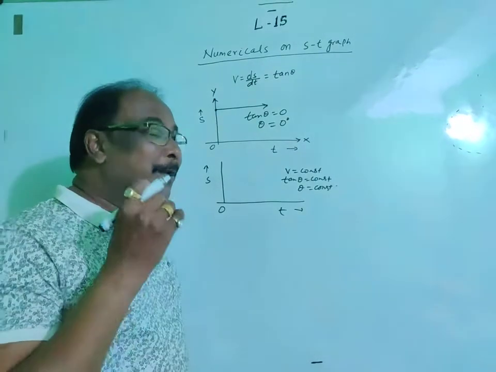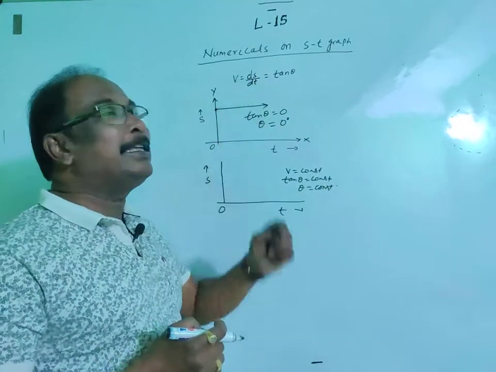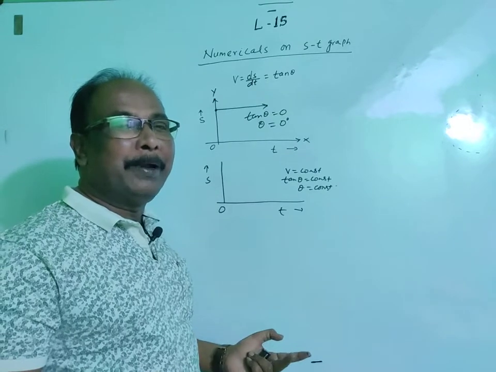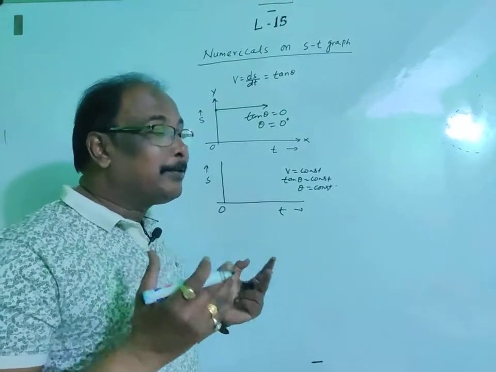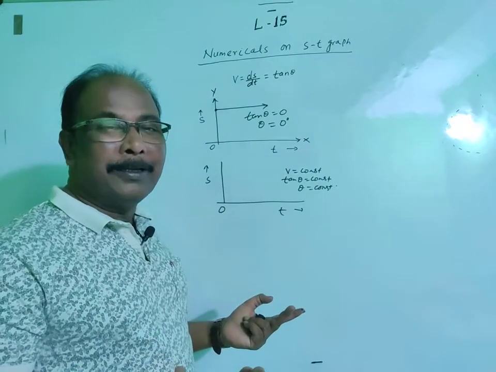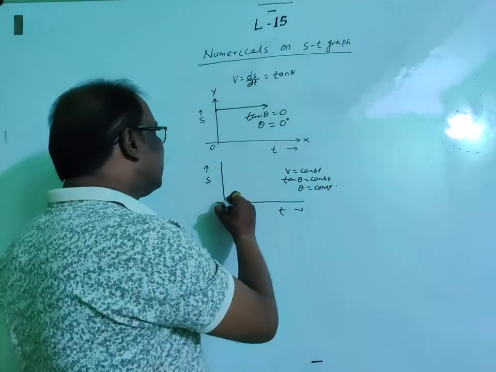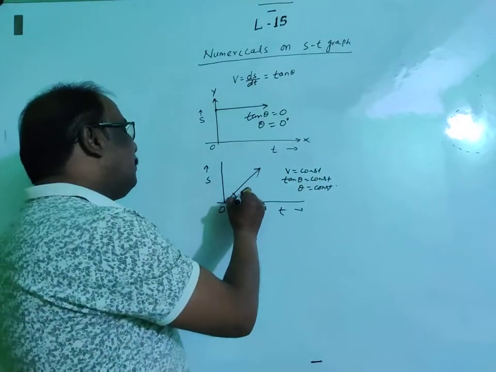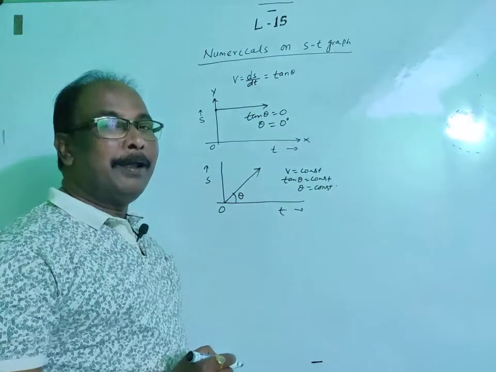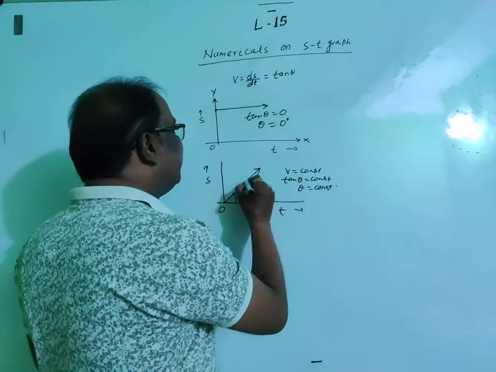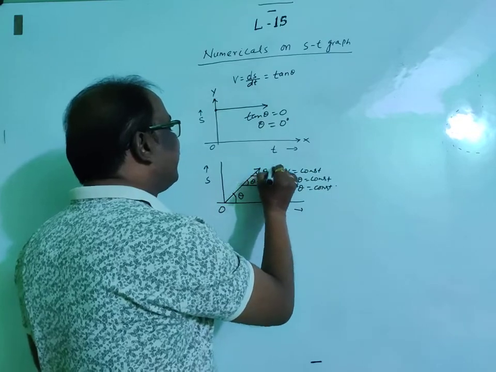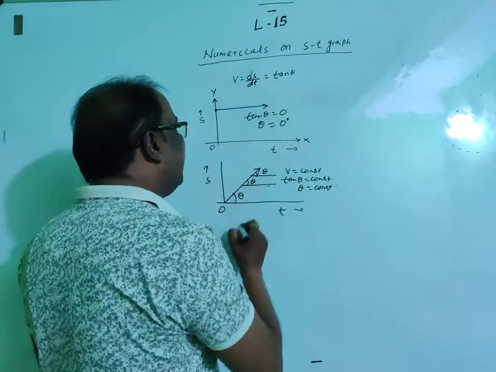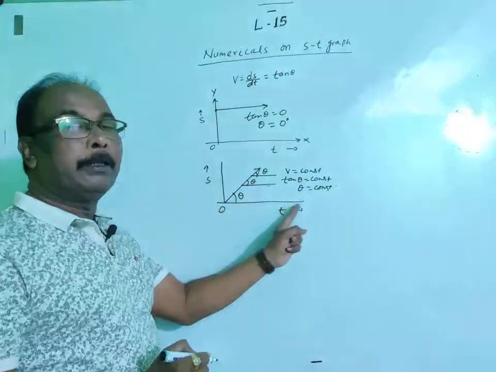To get instantaneous velocity ds by dt, if the graph is a curve, we can draw a tangent at the required point, at the instant we require the velocity. So the graph is a straight line making a constant angle theta with the time axis.